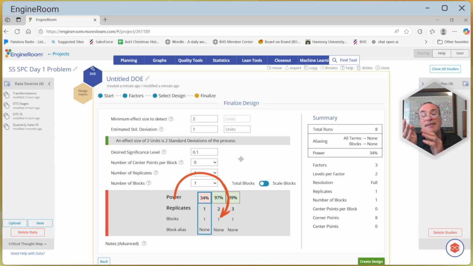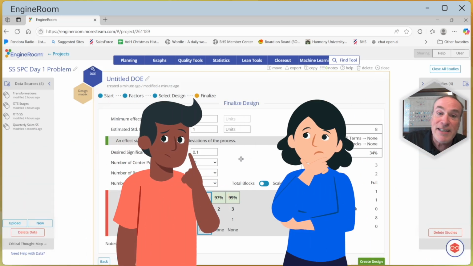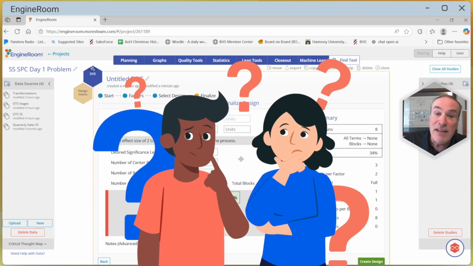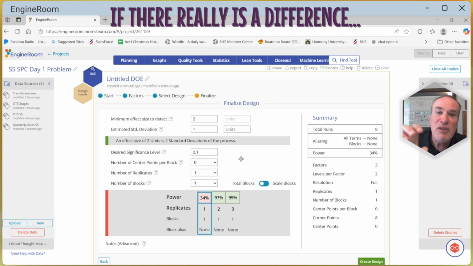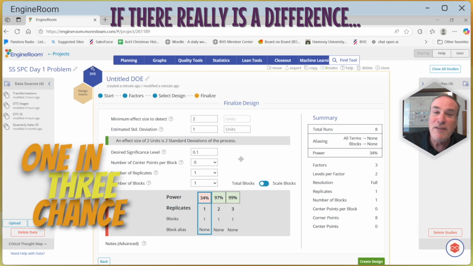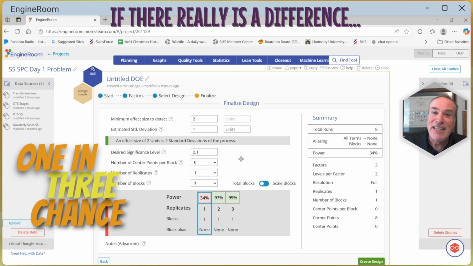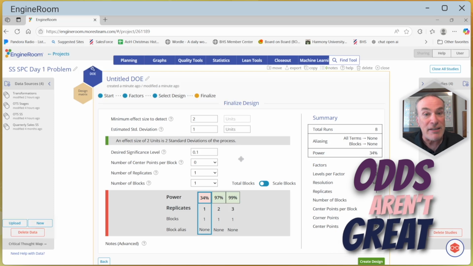And so now you can see that the power went from 17% up to 34%. Hey, that's great. But what does 34% mean? It means if there really is a difference in turning those knobs with those different factors and getting a different result, I have a 1 in 3 shot of seeing it. So my odds aren't great.